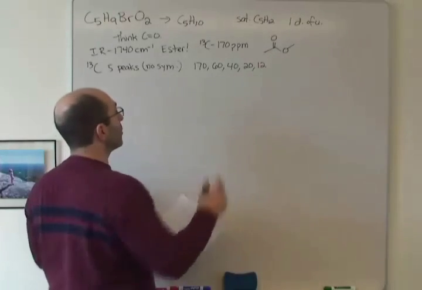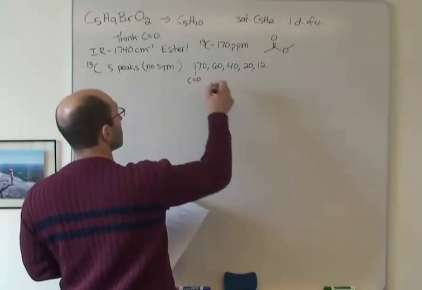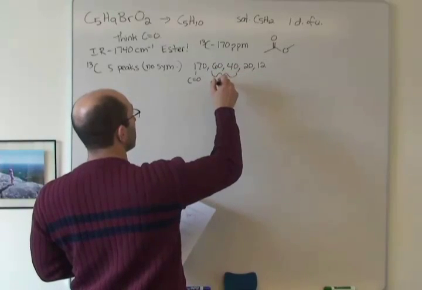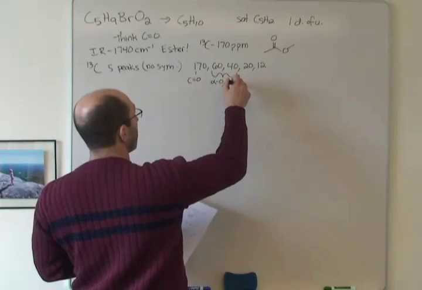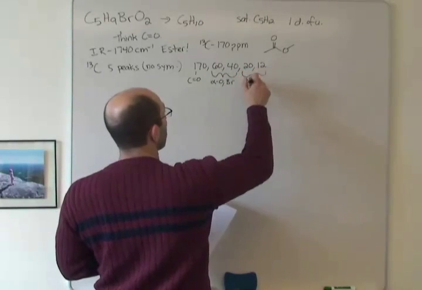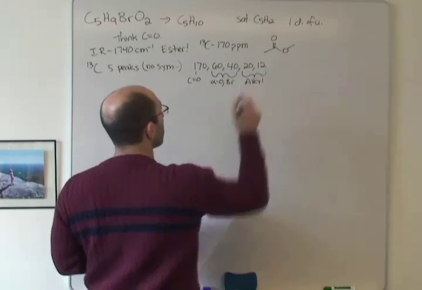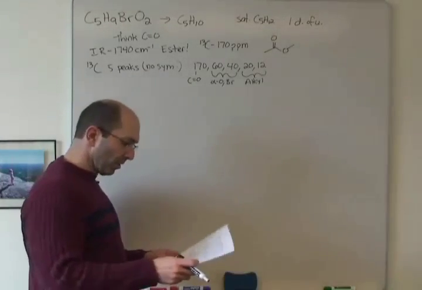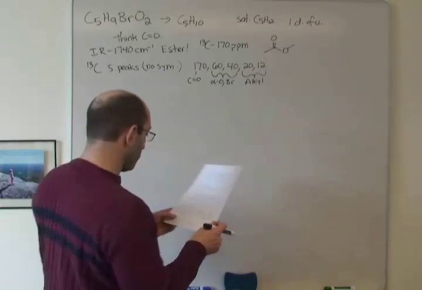All right. So here's our carbonyl. All right. These are the ones that are probably alpha to O and Br, and these are alkene. Okay. So nothing too surprising in the carbon-13. So we're going to need to really extract a lot of information out of the proton.